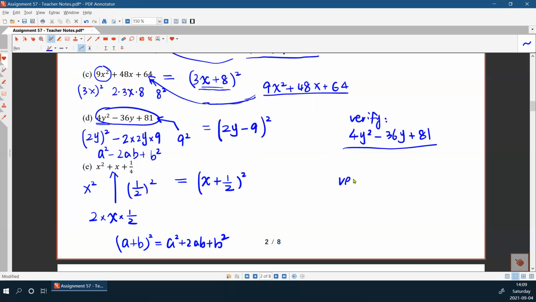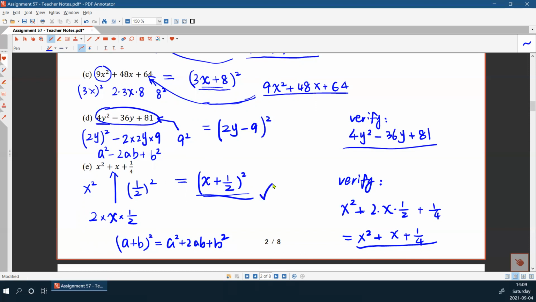And again, better to verify our result by expanding the factored form, which is x squared plus 2 times x times 1/2 plus 1/4, which is x squared plus x plus 1/4, exactly the same as the original expression, right? So that means the result here is correct.